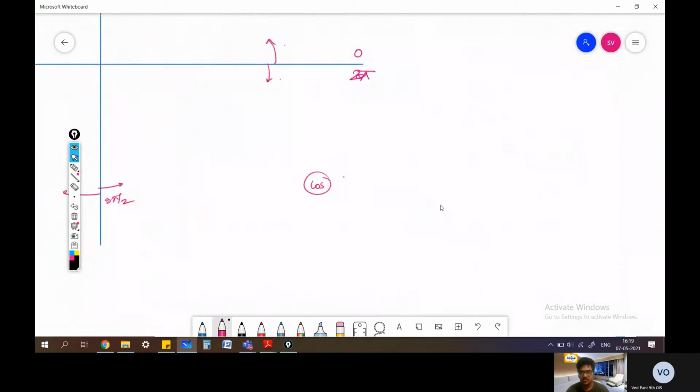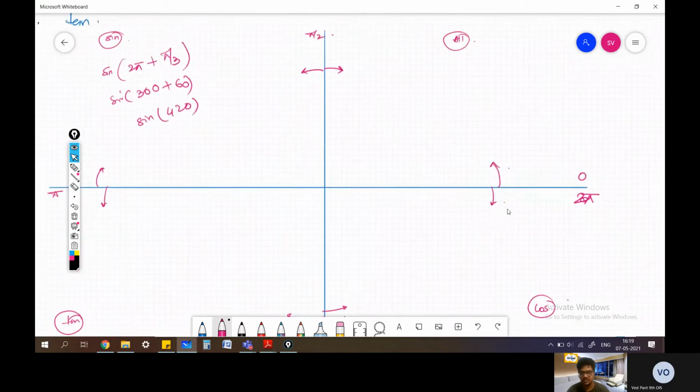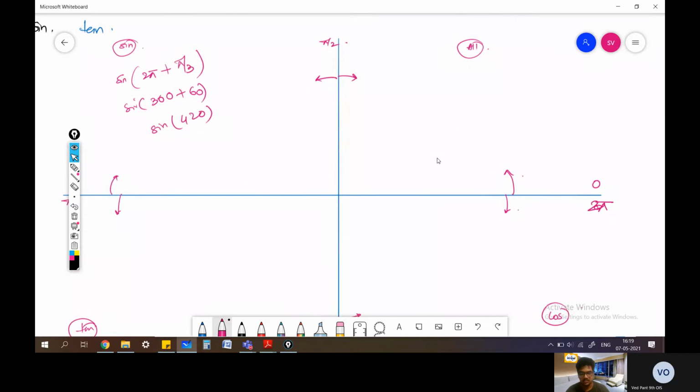So don't get confused, don't get carried away with that. I'll just write some formula. My PC got hung, let me erase this. So what we know, sine of 2 pi plus theta is always sine theta.